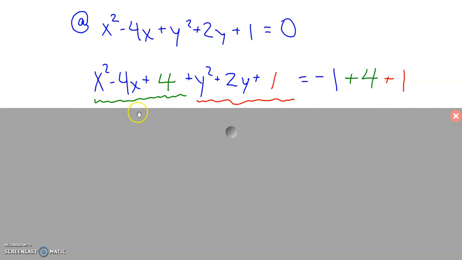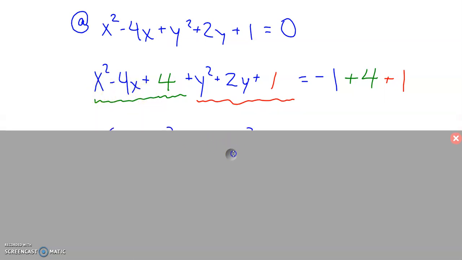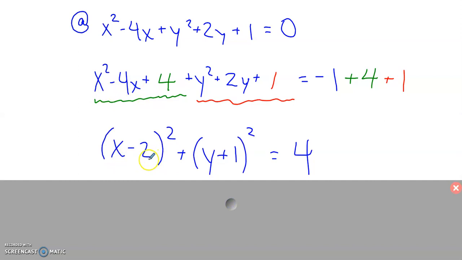That means it's factorable into x minus 2 times x minus 2, which I just write as x minus 2 squared. Then this is now a factorable trinomial and factors into y plus 1 times y plus 1, which I write as y plus 1 squared. And then on the right side of the equation, I add those three numbers together and I get 4.